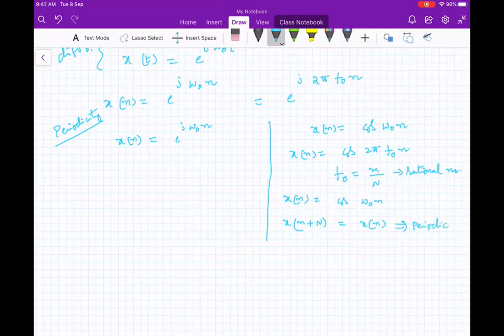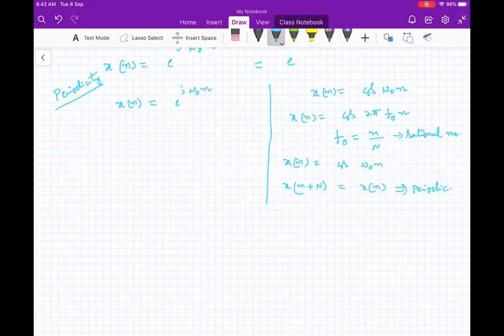If it is correct, you should tell correct, otherwise you should tell not correct or not understood. Periodic with period N. Yes, very good. So it is periodic with a period N.